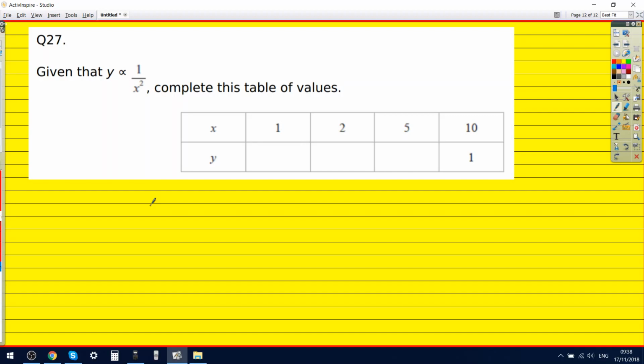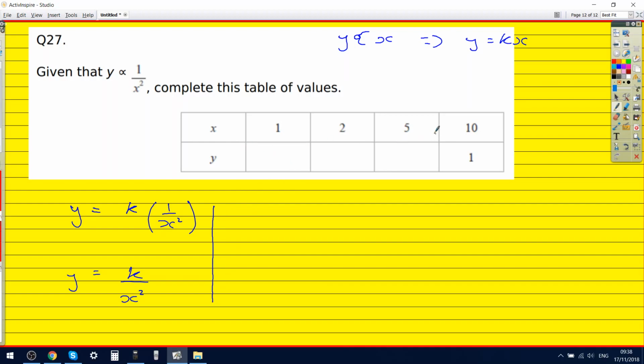Is it just like y equals 1 over x squared? Well, there's something missing from that. Is it y equals k times 1 over x squared? Yeah, and the short way of writing that is k over x squared. It's the same thing. Sometimes if they have y is proportional to x, that means y equals kx, and so the k is put in.